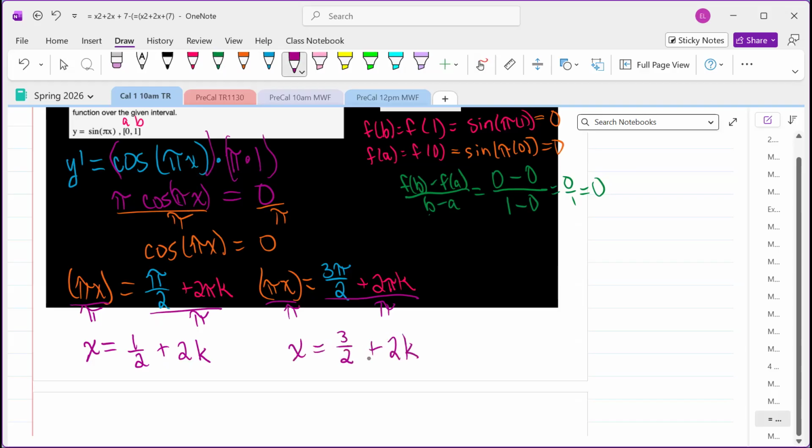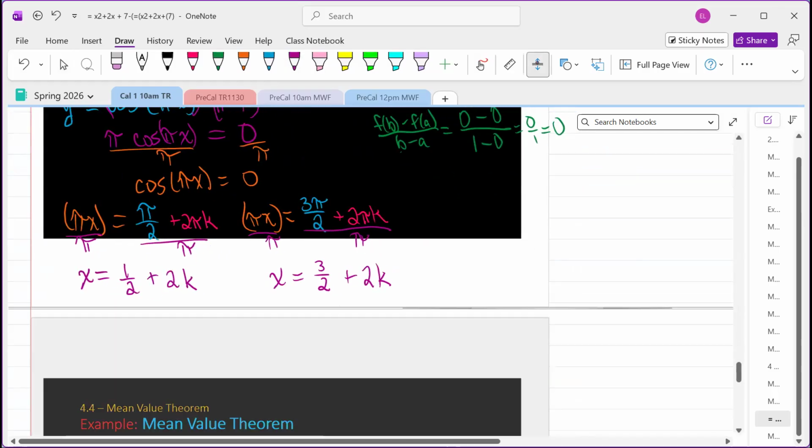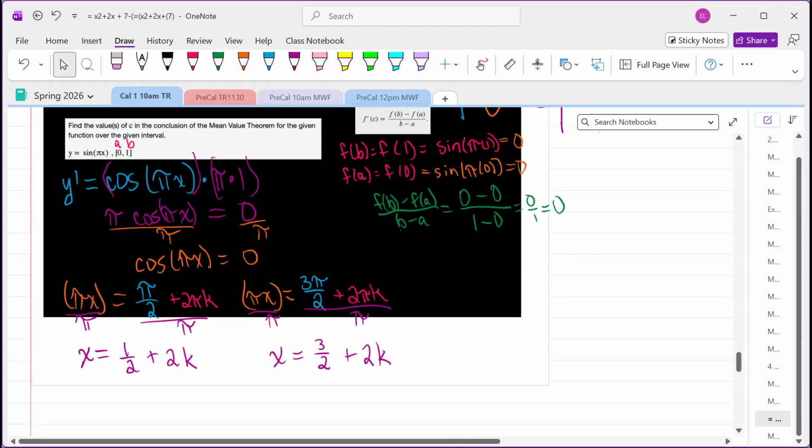And then we also get 3 halves plus 2k. Now our interval was from 0 to 1. So looking at my equations, 1/2 is between 0 and 1.